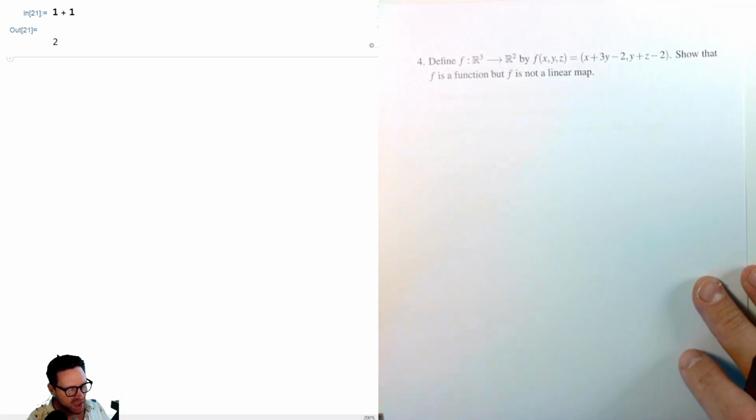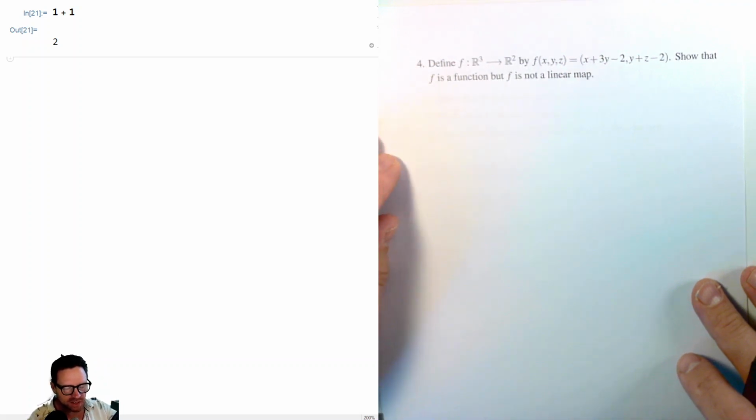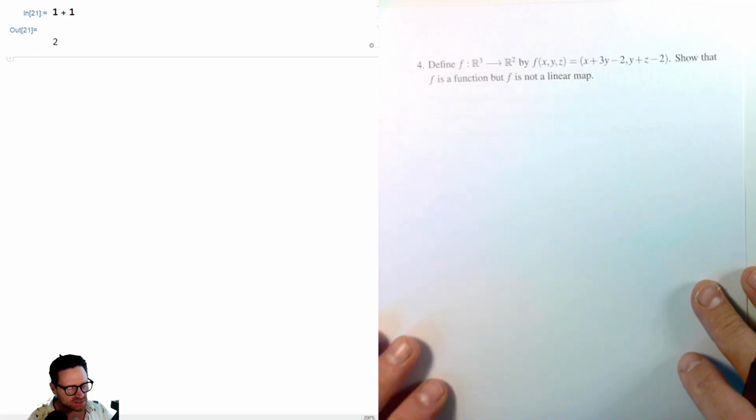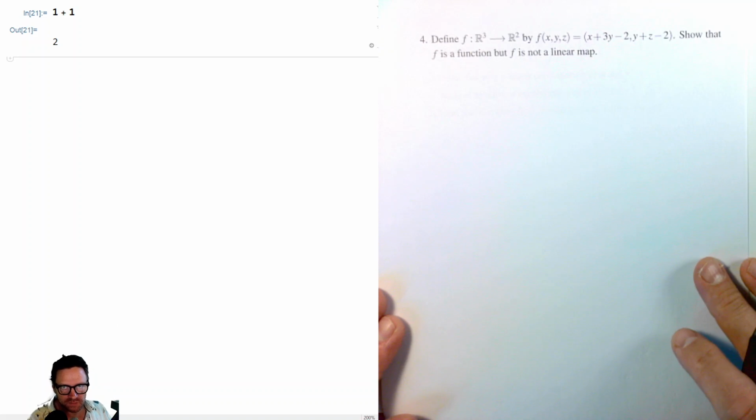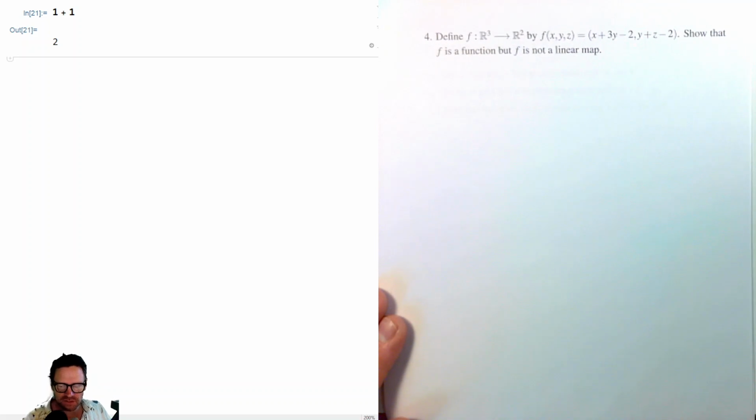Define a map from R3 to R2 by f of x, y, z is x plus 3y minus 2, comma, y plus z minus 2. Show that f is a function but not a linear map. Okay, so to show that it's a function, all we need to say is that it's well defined.